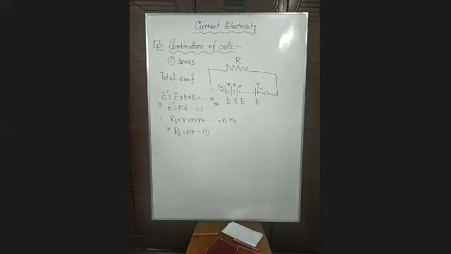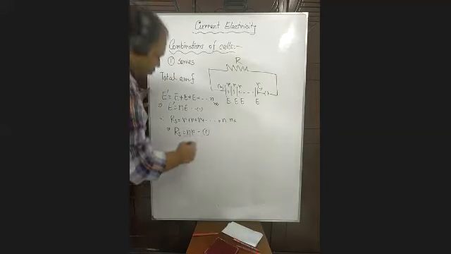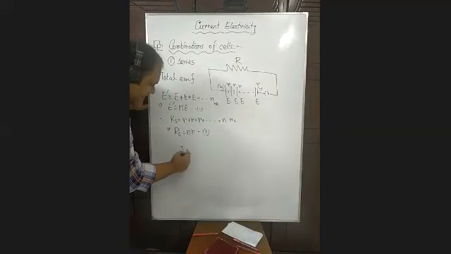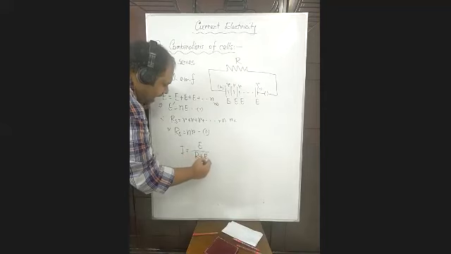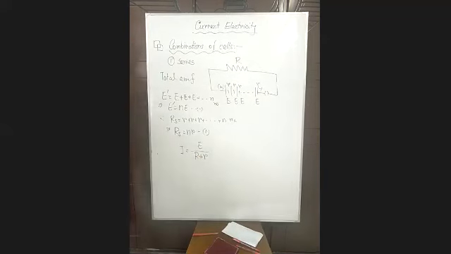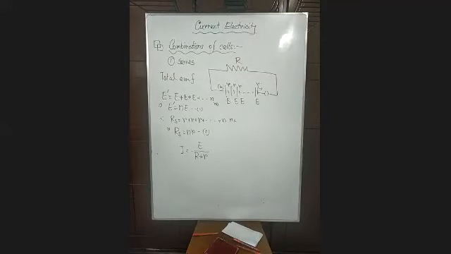But what is the current equation? The current equation we can say in this way: I equals E by R plus r. This is the general equation for current. When you solve the current circuit in the class 10 textbook for your SSC exam, that is the equation you have written several times.